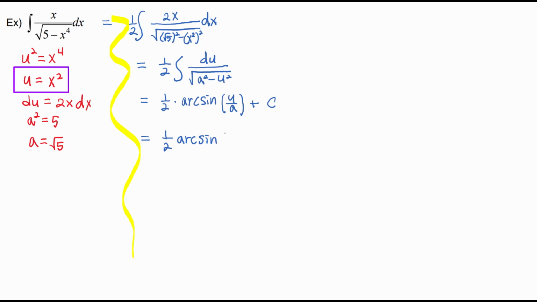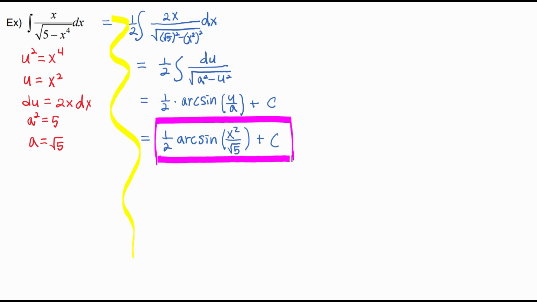My u is x squared over, what's my a? My a is radical 5 plus c. And that's it, guys. We're already done. This was too simple compared to what we've been doing, huh? So here is my final solution. 1/2 arcsine x squared over radical 5 plus c.